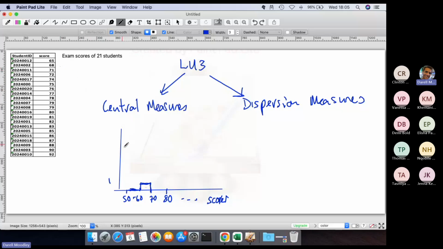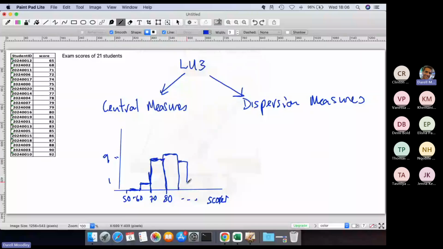The next bracket, 70 to 80, has 1, 2, 3, 4, 5, 7, 8, 9 people there. So this bar would be about 9 in height. I'm not drawing to scale, but I'm just trying to give you an idea what the histogram is about. You would continue drawing this histogram in this manner until you've covered everyone in the class.